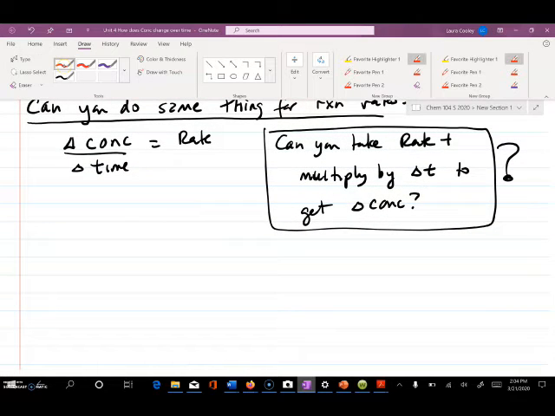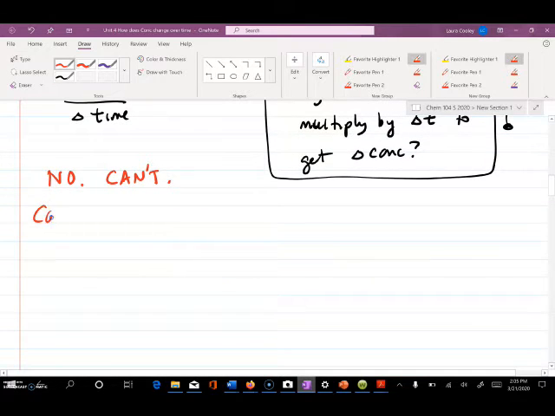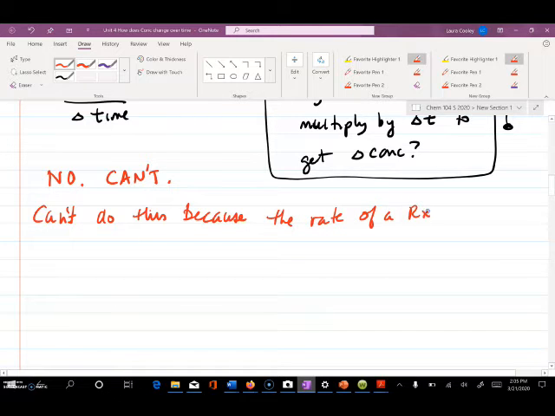All right, so think about it. I would say no, you can't, and I hope that you can guess the answer. The reason is because chemical reaction rates are never constant.